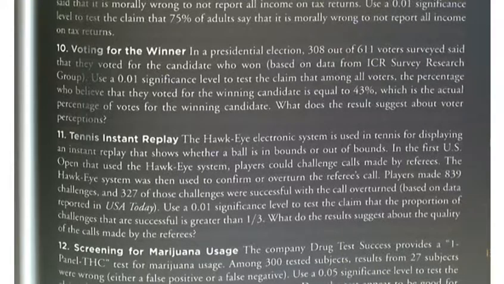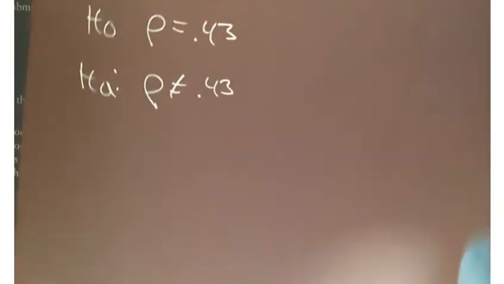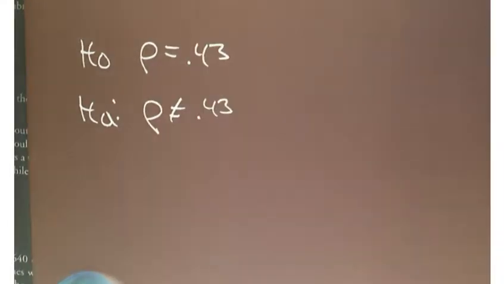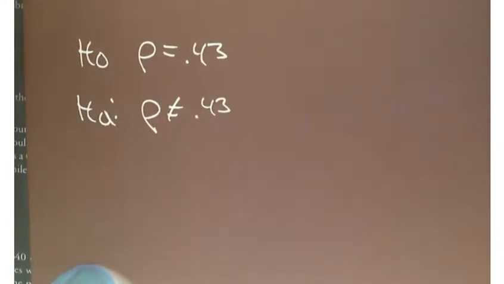Yeah, flipped is better, and the proportion is 43%. All right, so H0: proportion equals 43%. HA: it's not equal to 43%. So one population, and the parameter is p.